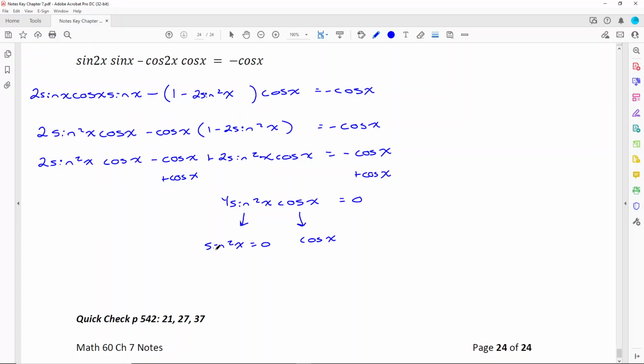Now, to get just sine x equals 0, I'm going to take the square root, but the square root of 0 is just 0, no plus minus. So I'm solving sine x equals 0 and cos x equals 0. And again, between 0 and 2 pi. So let's start with sine x equals 0. Again, you're looking for y equals 0. So it's going to be here and here. Or you could look at your graph.